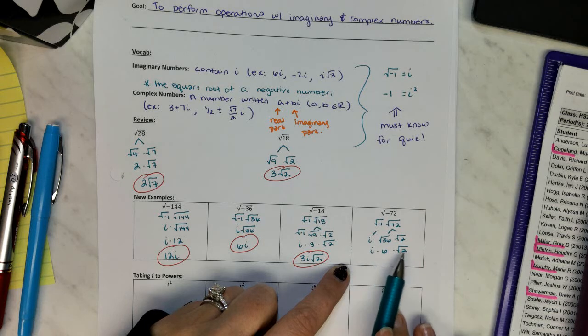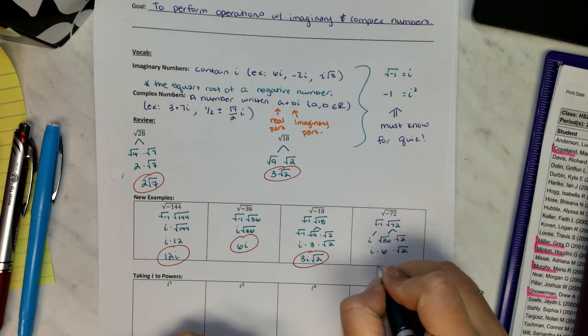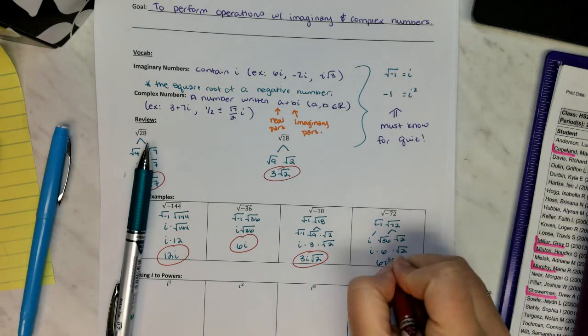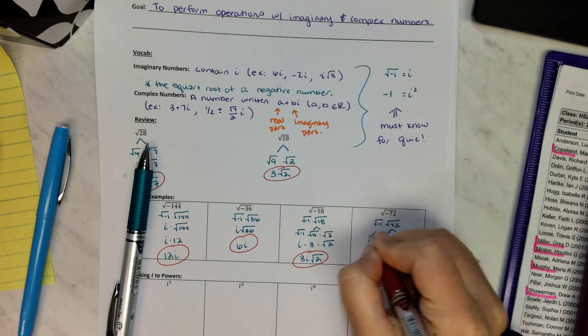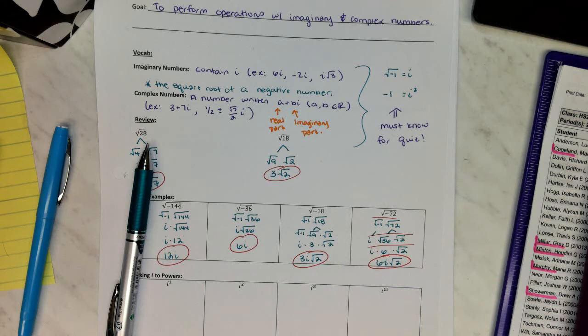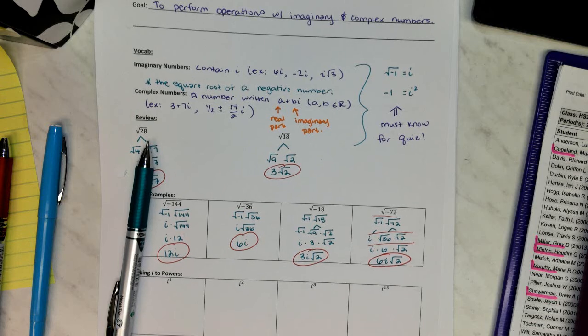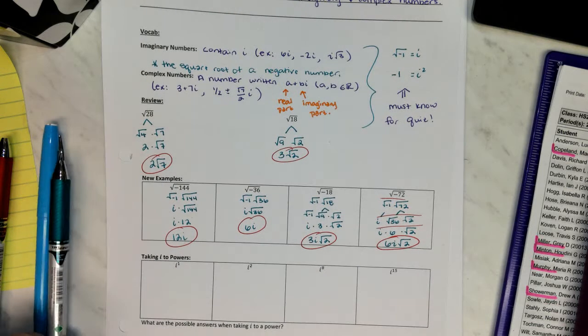You haven't changed the value of this. So 6i times the square root of 2. So it's very important that with each of these steps, they're all equivalent to the very first one. If you forget parts, then they're usually forgotten in the final answer, which we don't want.